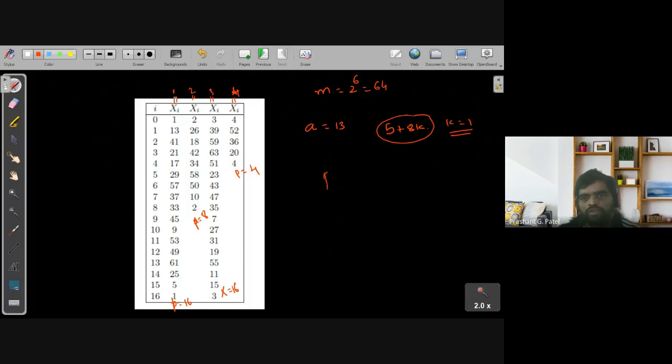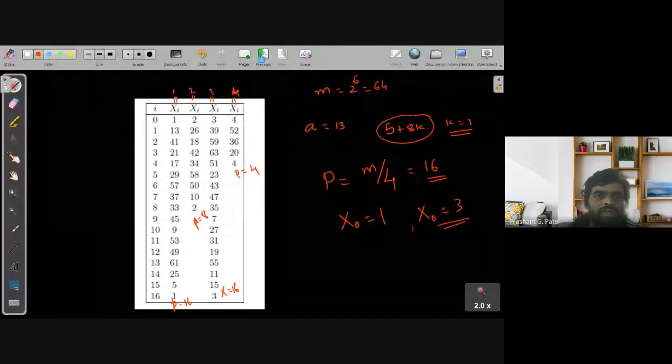So the period is always m by 4, which is 16, if you choose x0 as 1 or 3, an odd number, according to the previous data which I have told you.